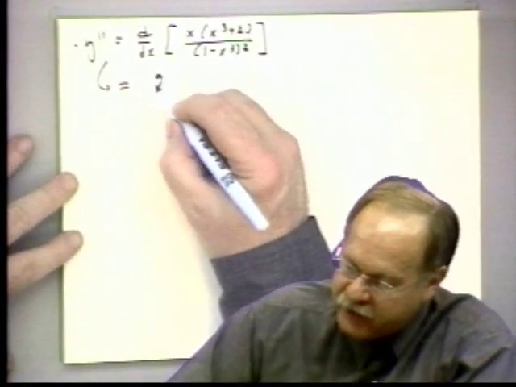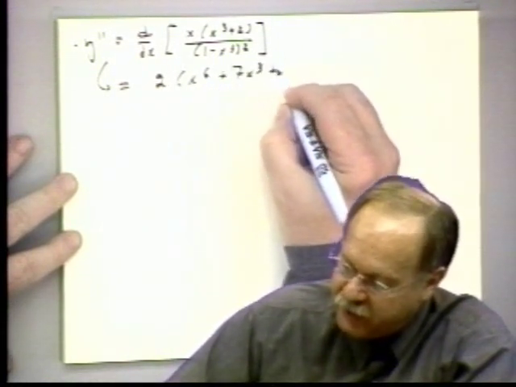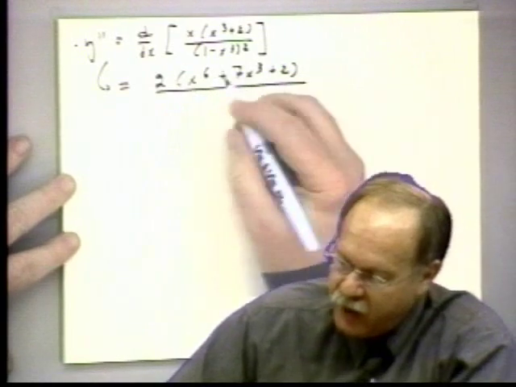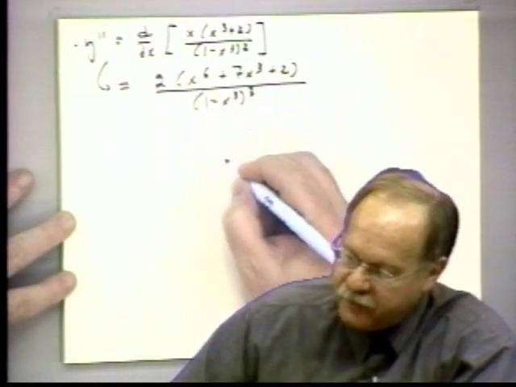What you end up with is 2 times (x to the 6th plus 7x cubed plus 2) all over (1 minus x cubed) cubed.